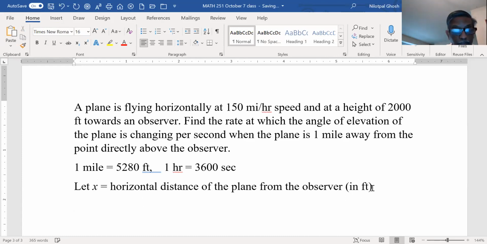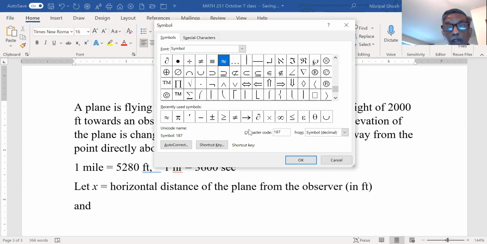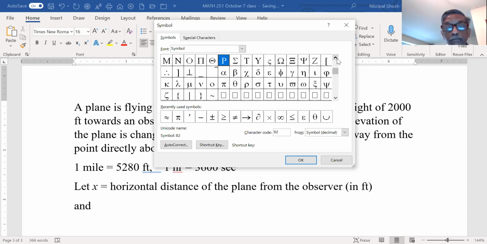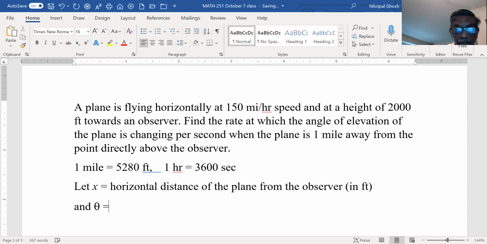What else do we need? And theta equals, it's a special character, right? Angle of elevation.